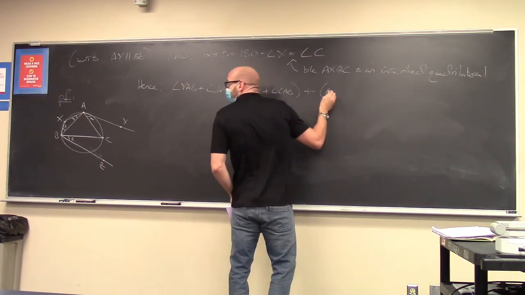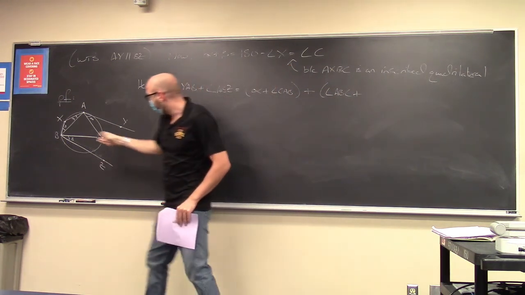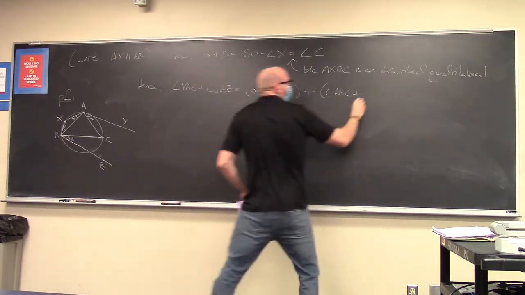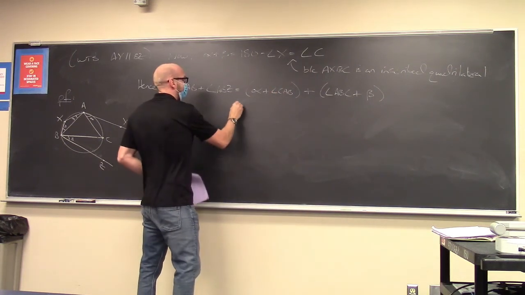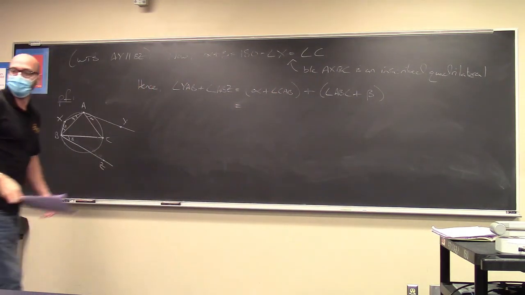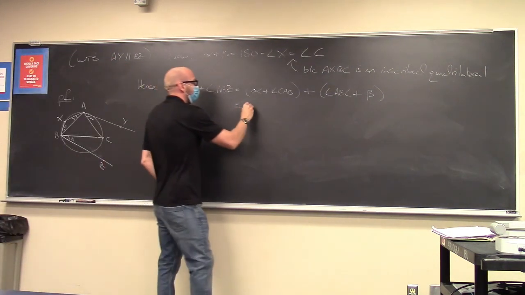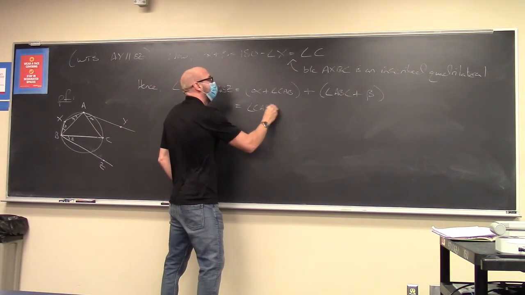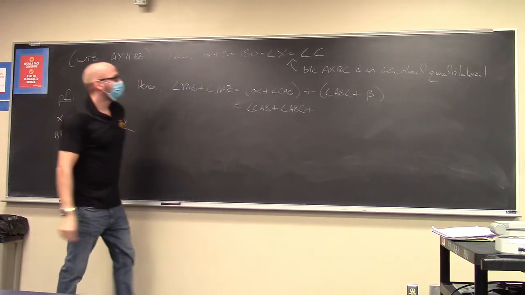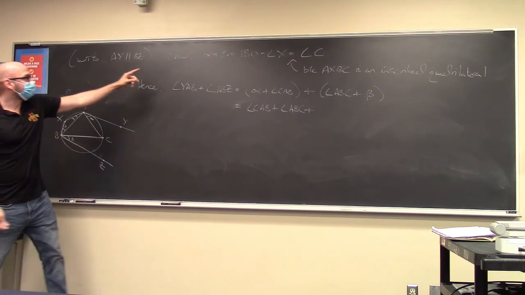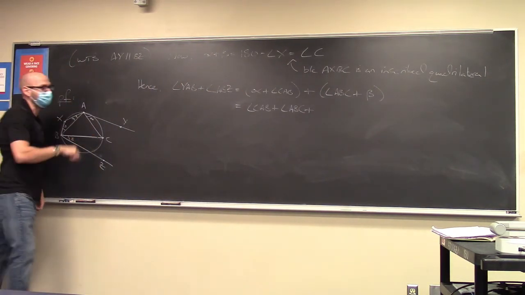Angle ABC plus CBZ, but CBZ is beta. So what do we have? We've got angle CAB plus angle ABC plus alpha plus beta, but we just showed alpha plus beta is this angle of the triangle right here, angle C.